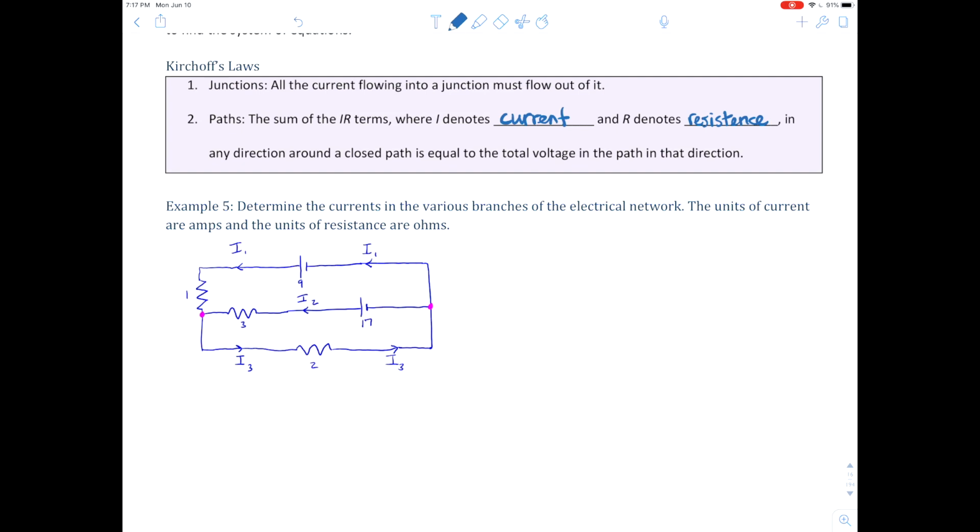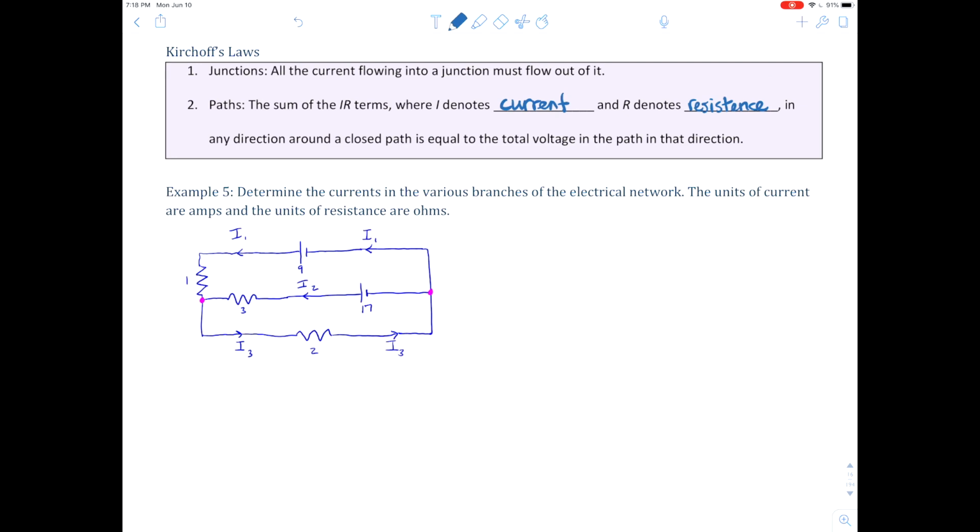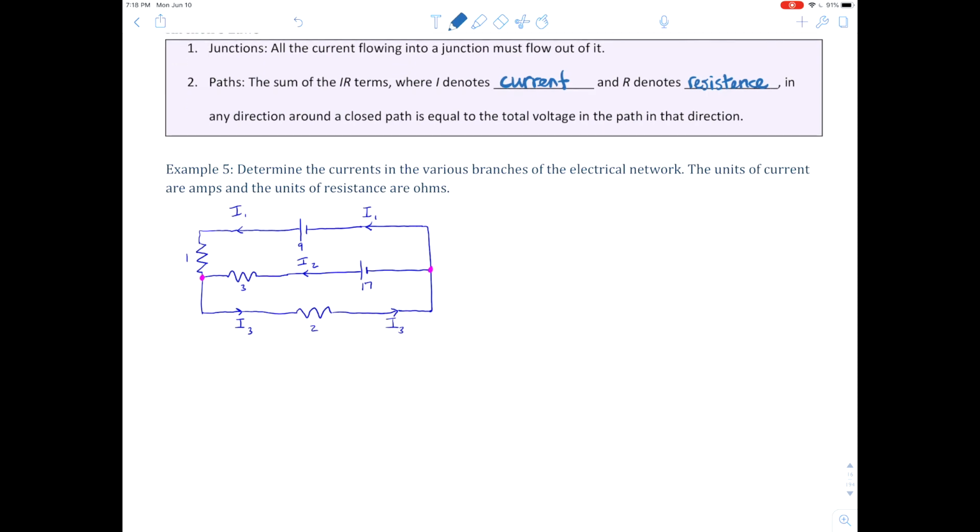Okay? So let's trace where these paths are going. By the way, the constant numbers here are in ohms or volts.